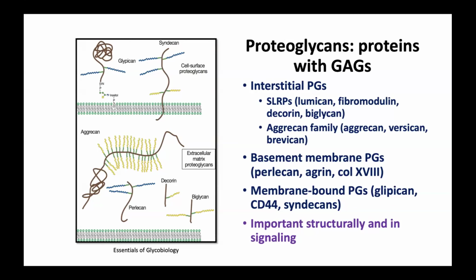There's going to be a lot of water involved. It's going to take up a lot of space. Some proteoglycans are much smaller. They might have one or two glycosaminoglycan side chains. There are also signaling receptors that might have GAG side chains, but they're just very important in both structure and the signaling abilities of these proteins.